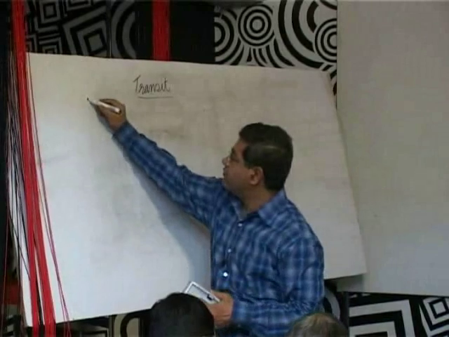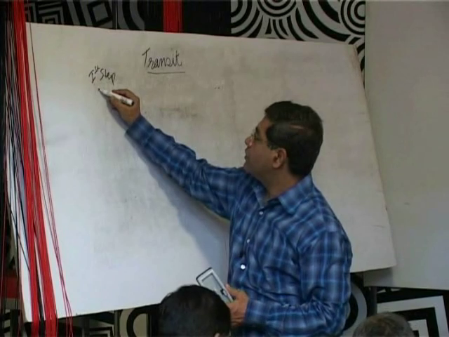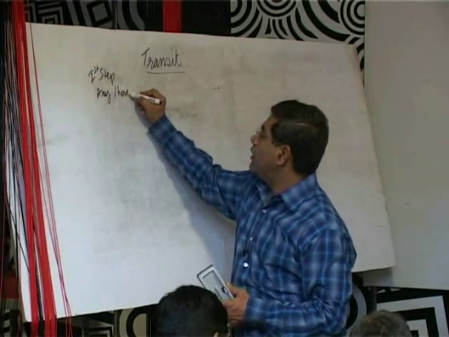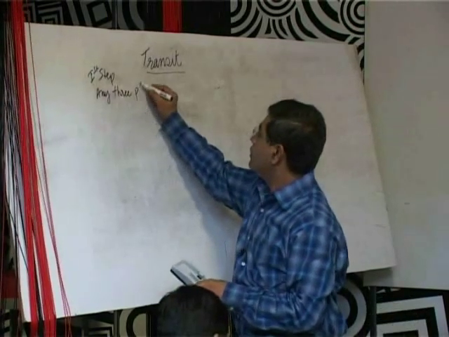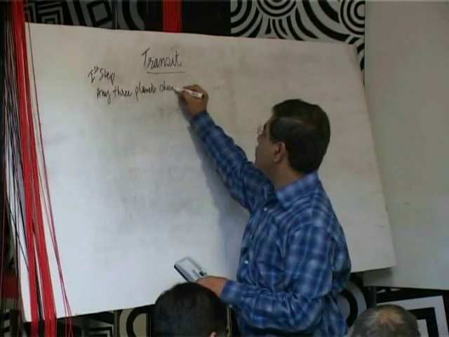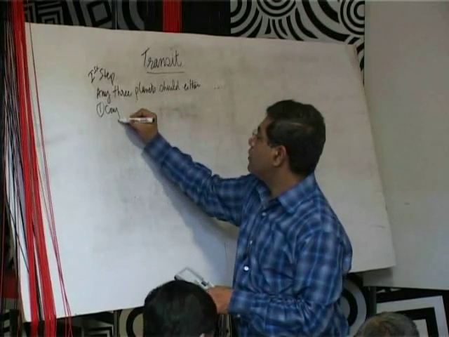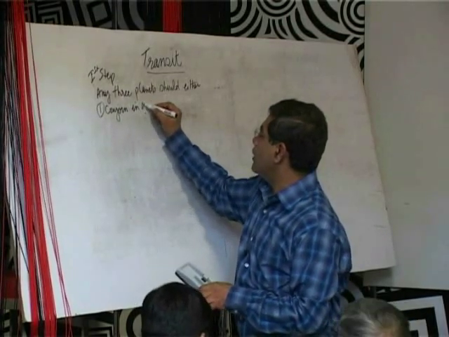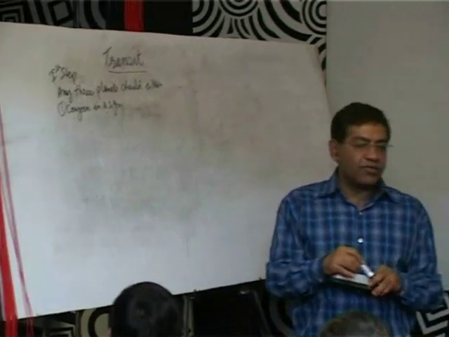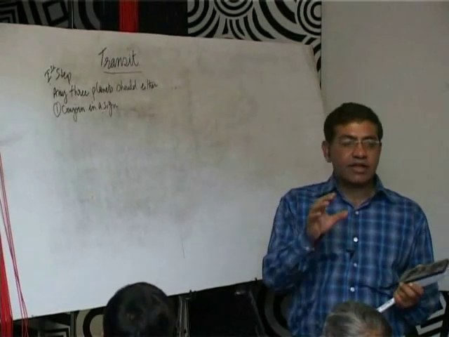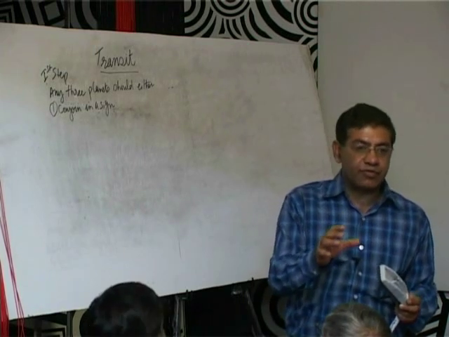Now the first thing is, this is the first step. Any three planets should either conjoin in a sign. Means in case of transit, there can be 4 or 5 planets which can be positive for an event.